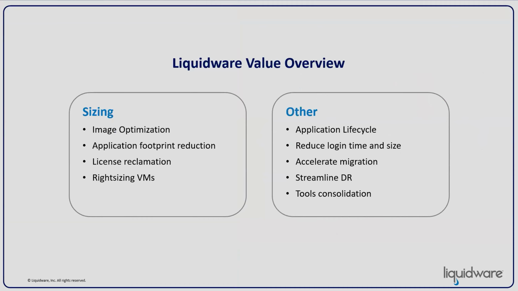If you look at the value that Liquidware delivers, we have sizing, so image optimization. As I mentioned, our Flex App solution lets you decouple applications from the operating system, so that optimizes your images. Then application footprint reduction. What we see a lot is organizations have large applications in layers, and by decoupling them we reduce the footprint of those.